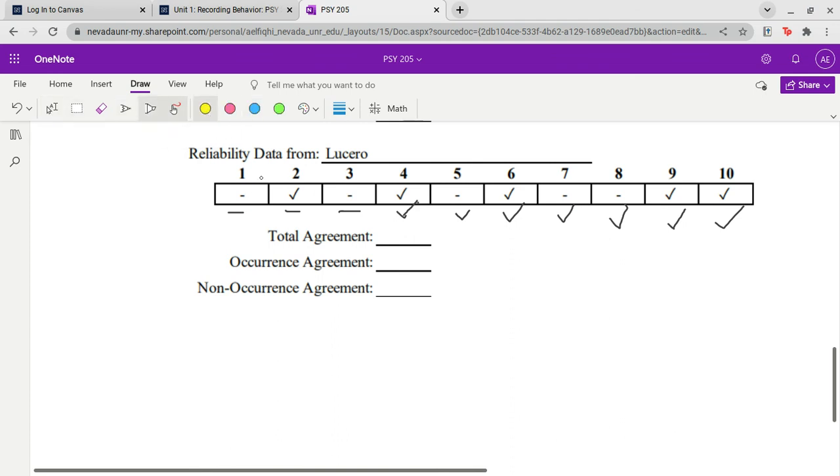We're going to do total agreement, which is going to be out of 10. And we have 1, 2, 3, 4, 5, 6. So we have 6 intervals that we agreed on out of 10 total intervals, which is going to be 60%.